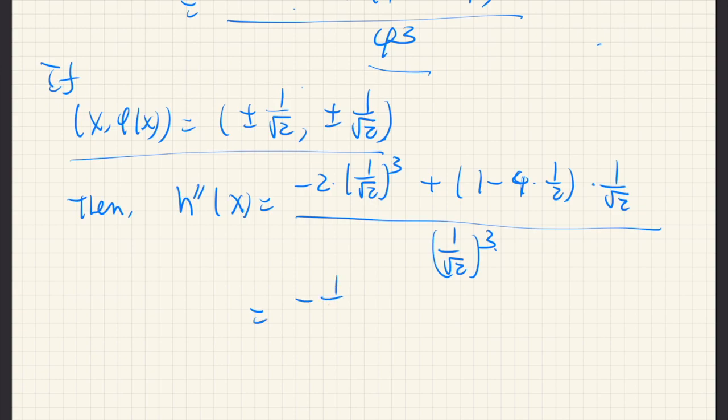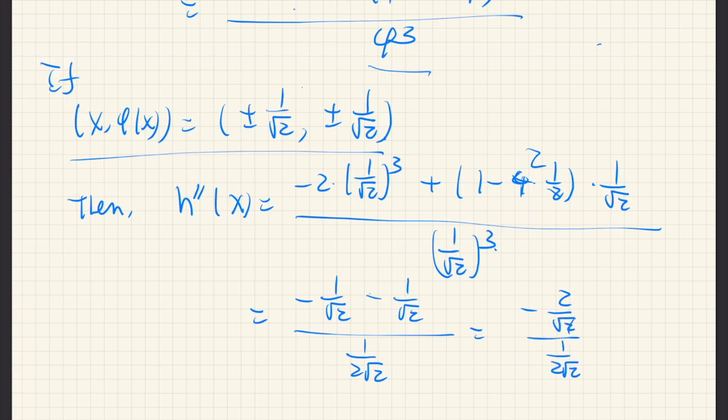Negative 1 over square root of 2 and that is 2, so negative 1 and this is 2. So what is it? Negative 2 and 2, 2. So we have negative 4.